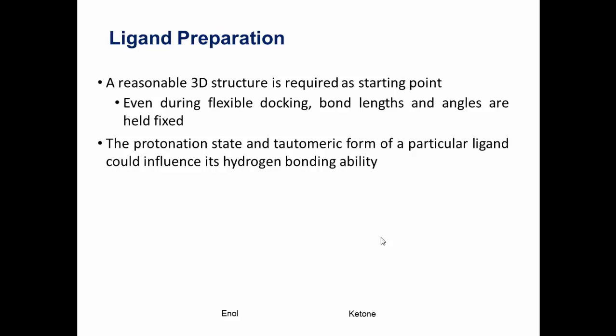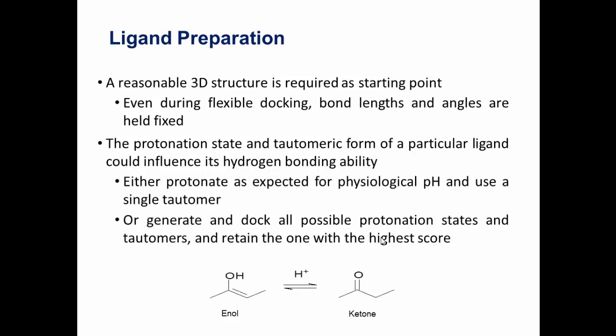The protonation state and tautomeric form of a particular ligand could influence its hydrogen bonding ability. So you know, tautomerism, especially keto-enol tautomerism, is very important because there are two interchangeable structures. So that means the structure could be shown in two different ways.